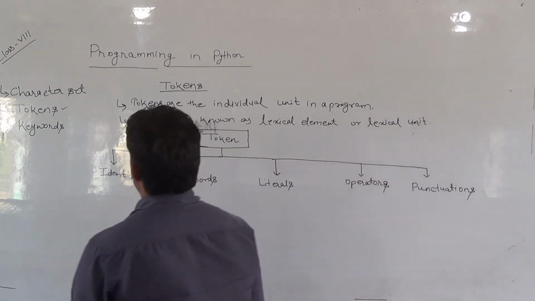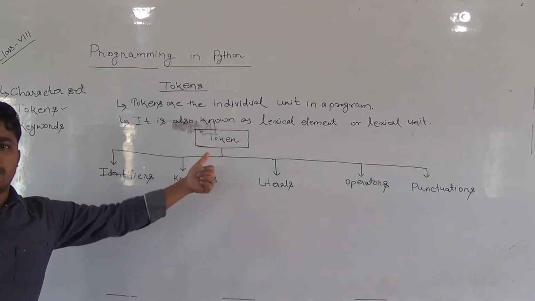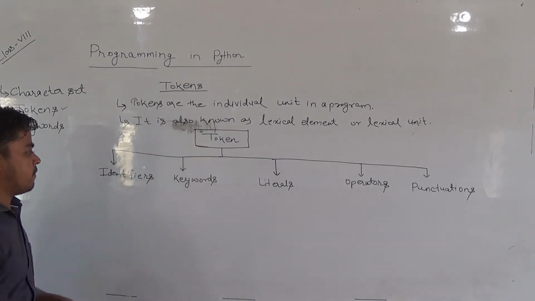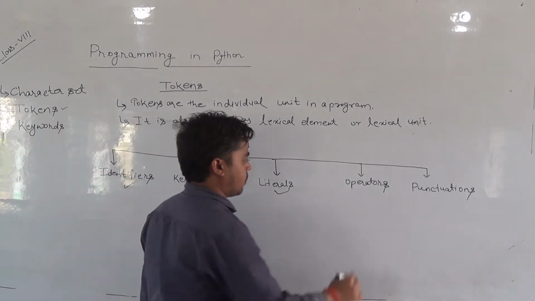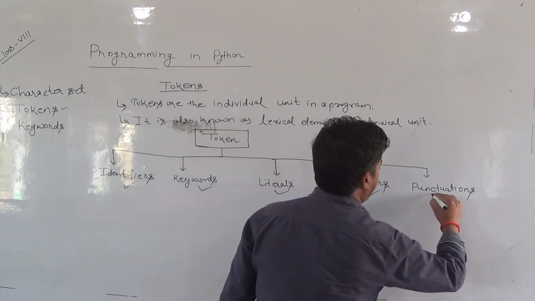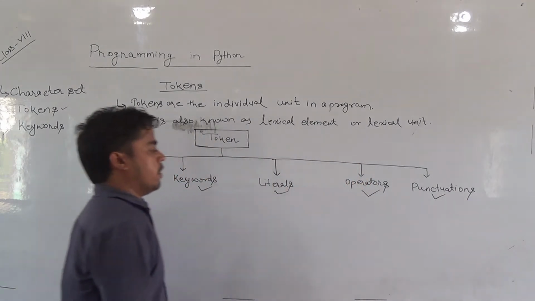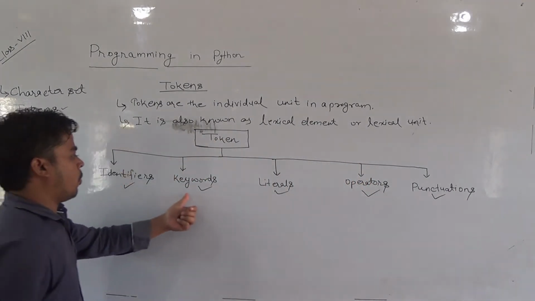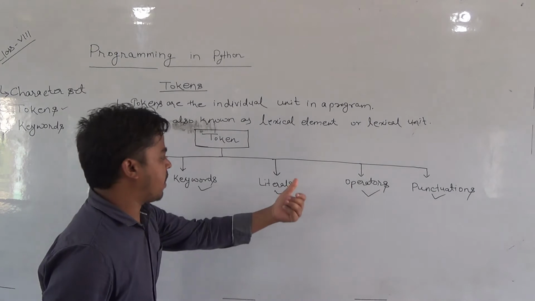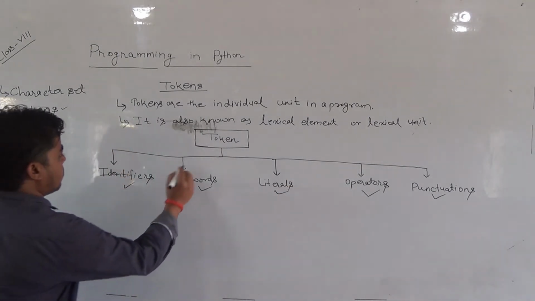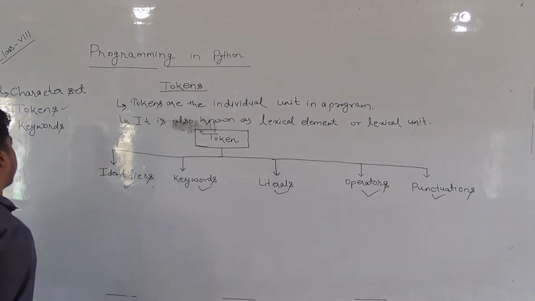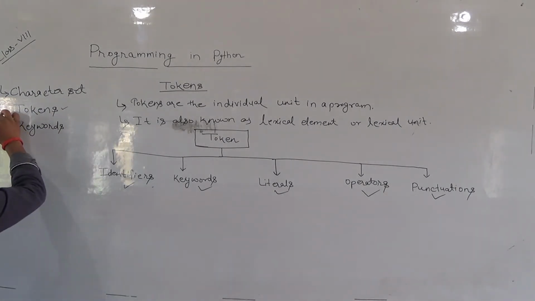So tokens are further subcategorized into identifiers, keywords, literals, operators, and punctuations. All these are the topics that we will see one by one in further coming videos. Here we will only see about this categorization.